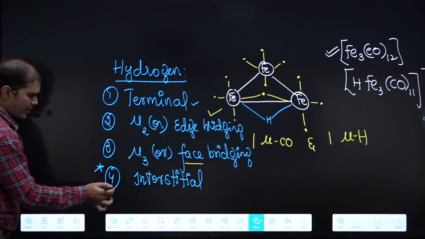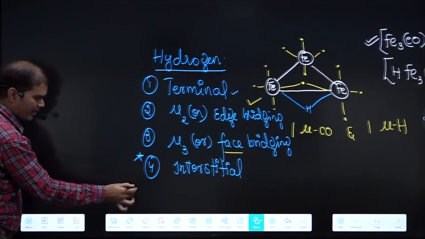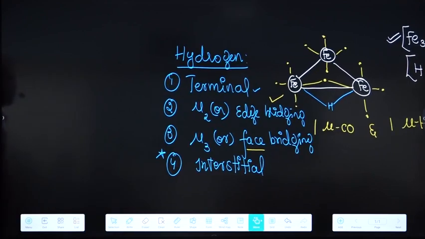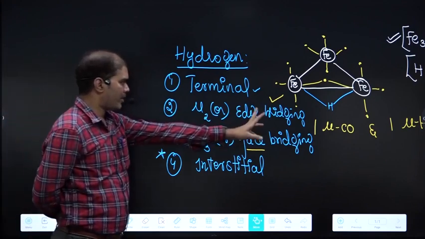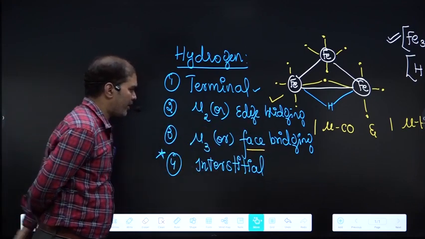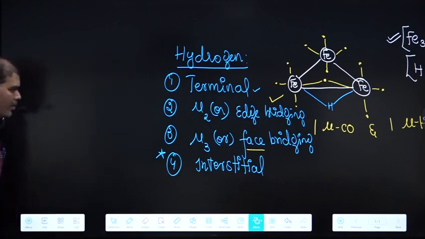Hydrogen could be terminal, or it could be edge bridging or doubly bridging. It could be phase bridging or triply bridging, or it could also be interstitial.